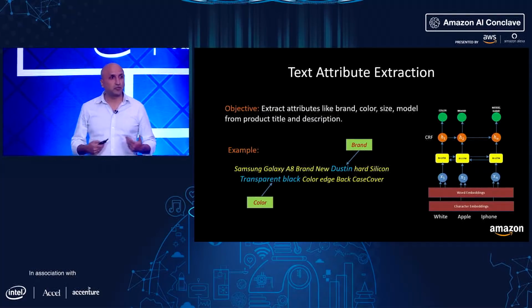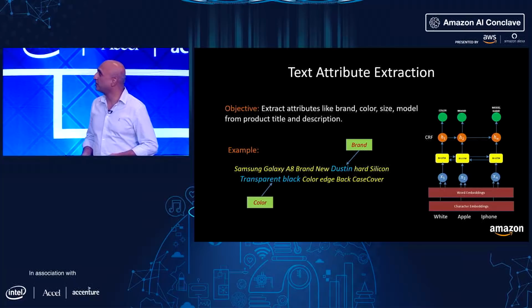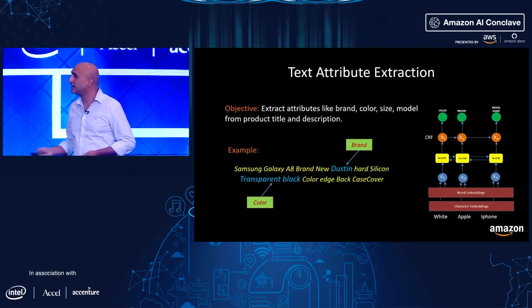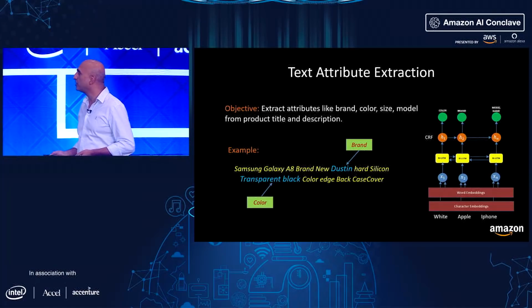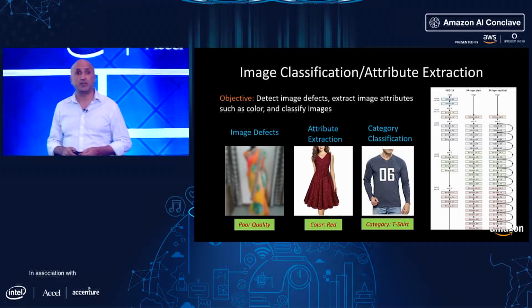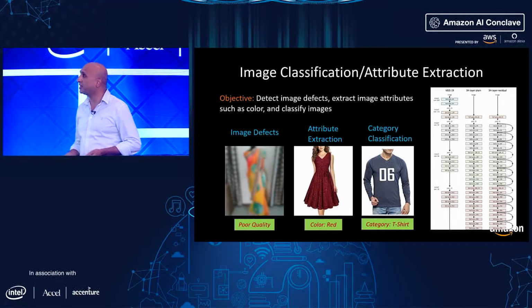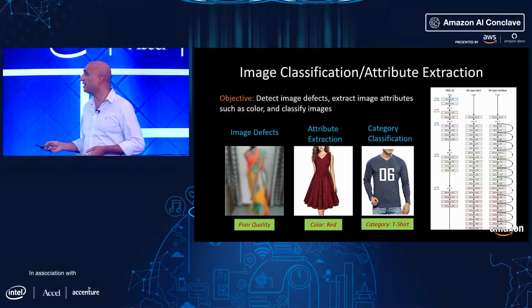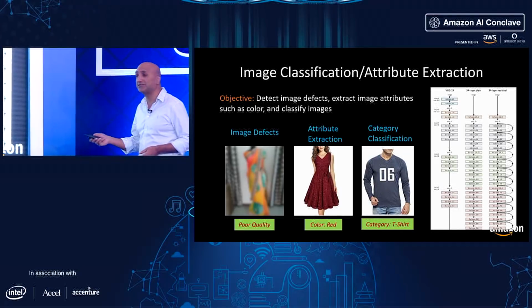And here again, we are using deep learning to do text extraction, extract attributes like brand, color, size from product titles, and it's all powered by deep neural networks. We also do a bunch of things on images. For example, detect that this image here is defective, it's of poor quality. This image contains a dress with red color, and this image here contains a t-shirt.